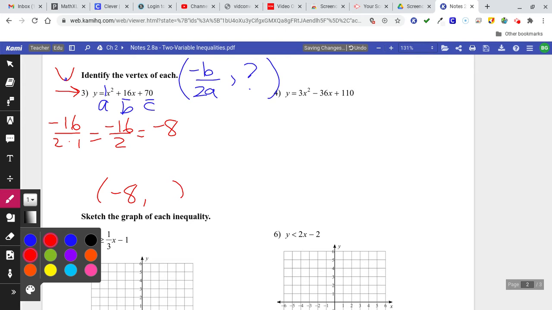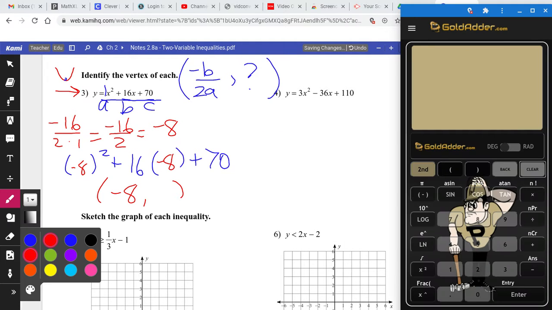To find the second part, we just take that negative 8 and we plug it into the equation. Look at your equation, and you've got something squared plus 16 times something plus 70. Every time I see an x, I put parentheses, and you're going to put that negative 8 inside those parentheses. Use a calculator.